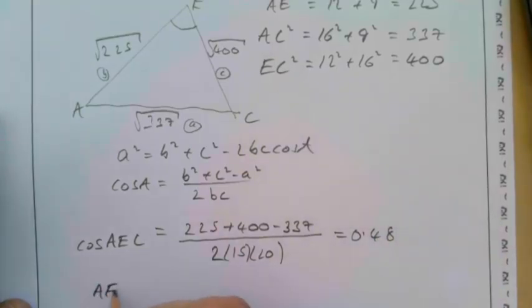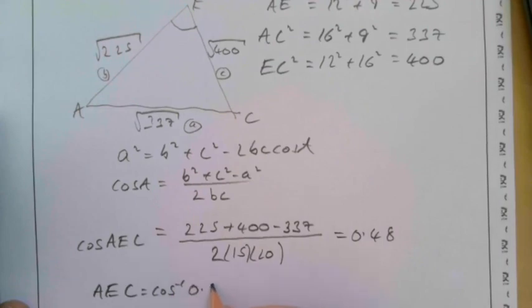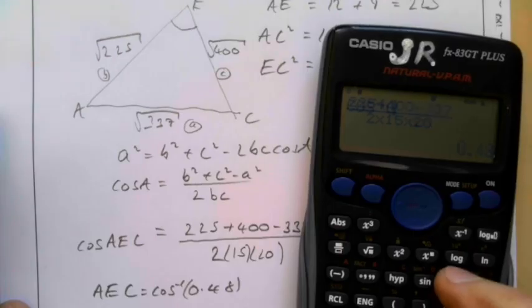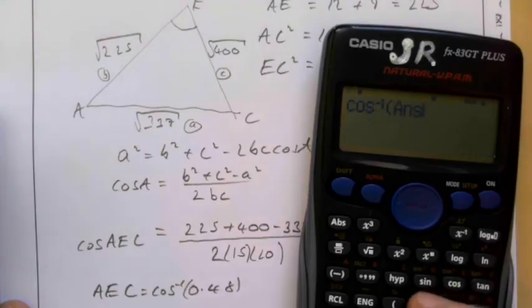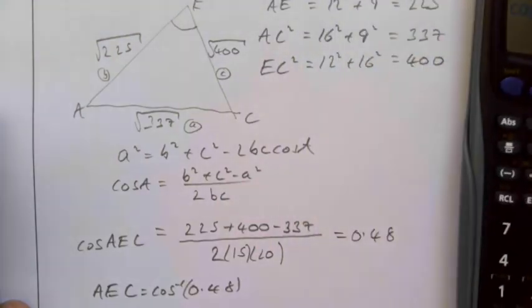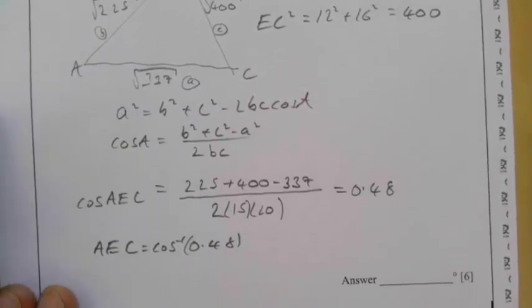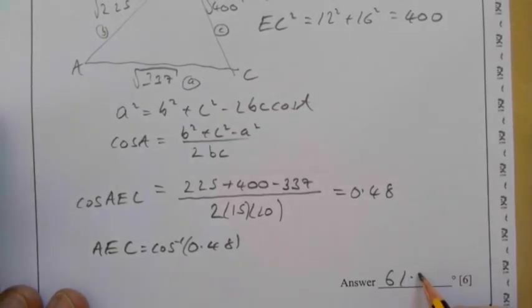And then AEC is cos to the minus 1 of 0.48. So shift cos answer equals 61.3 degrees. And we end up with that. Okay.